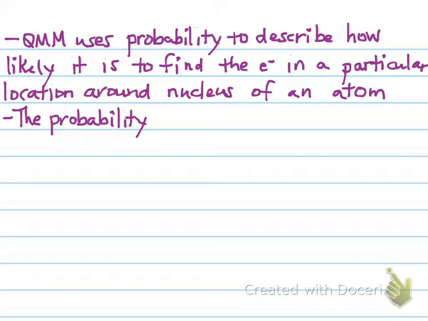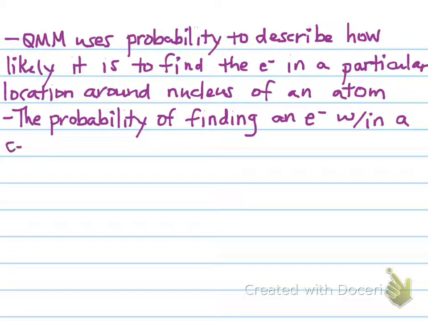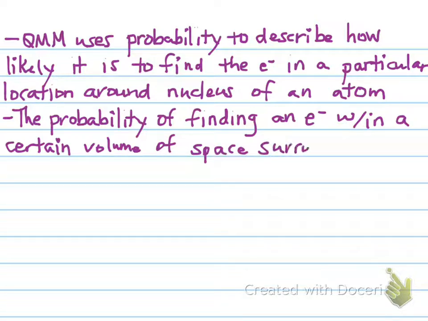So we're really looking at the probability of finding an electron within a certain volume of space surrounding the nucleus.